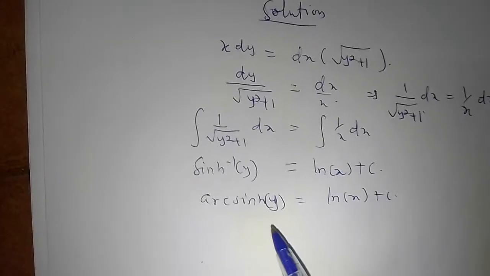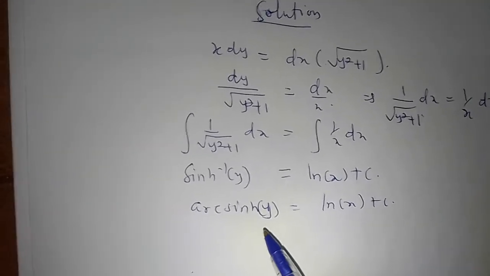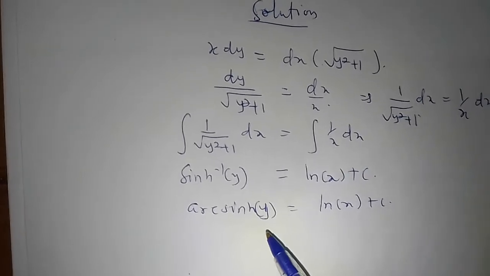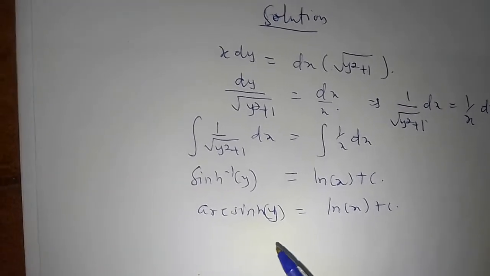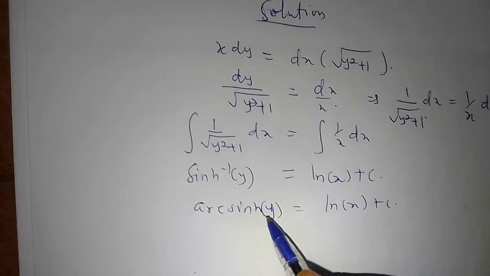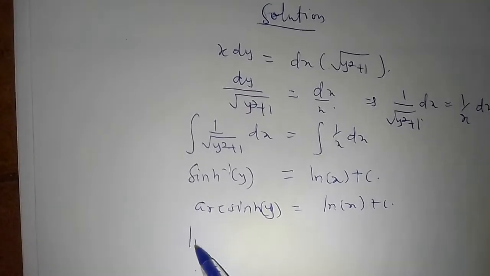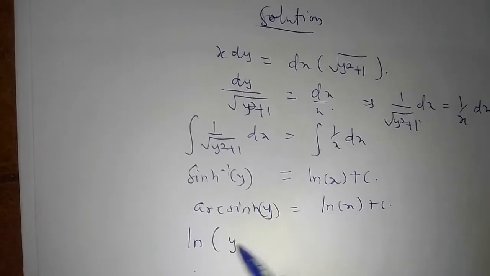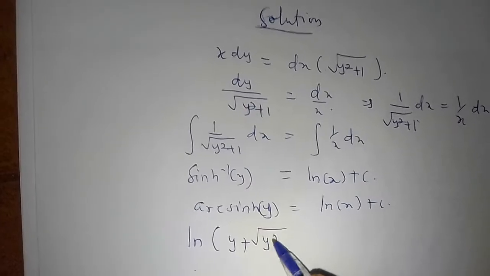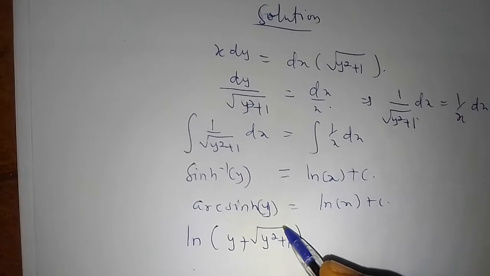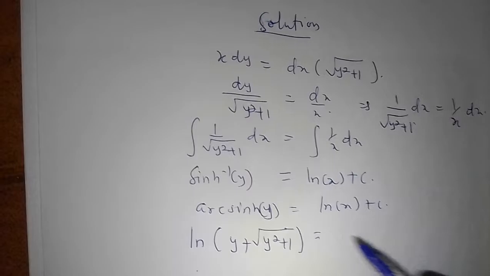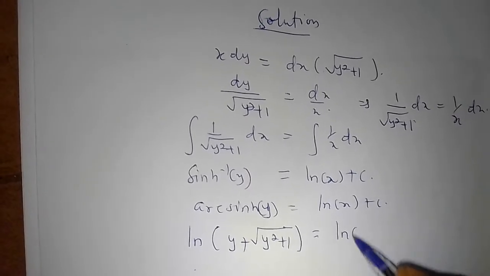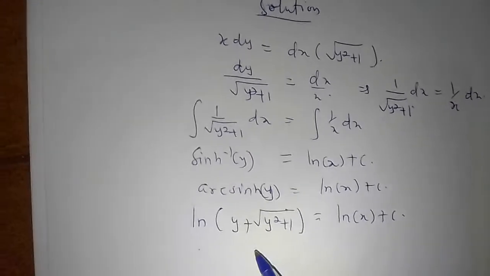So at this point, I'm going to make some substitution here so that it will make our differential equation become simpler. So whenever you have arcsinh of y, it is the same as the logarithm ln of y plus the square root of y squared plus 1. If this is your first time of noticing this, write it down so that you apply it whenever you are solving your differential equation. So ln of x plus c.